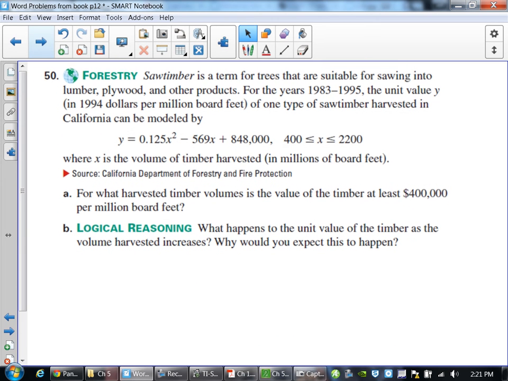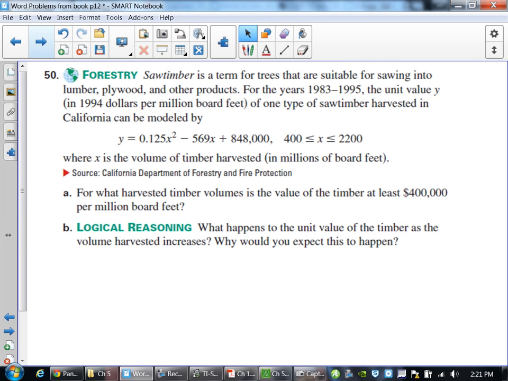The forestry one, I think it's the very last page, number 50. It's looking for within a parameter. I want to talk about how you can find the parameter with little or no work whatsoever. It's a button on your calculator.